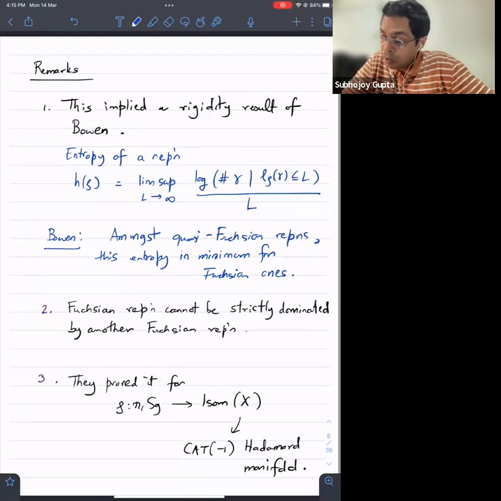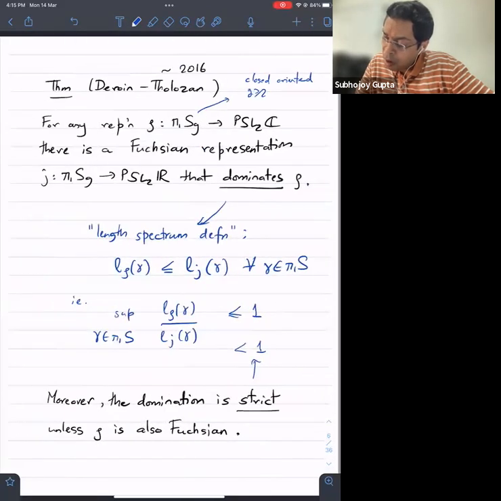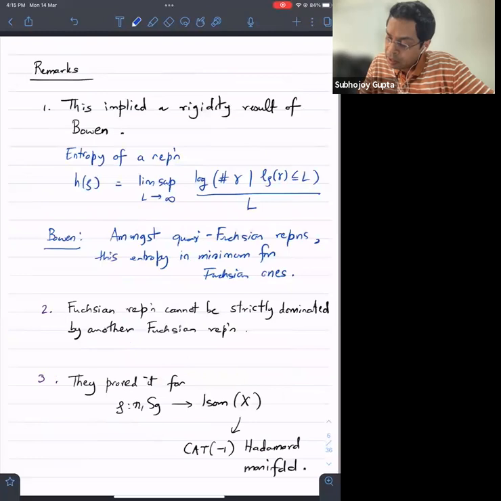It turns out that the entropy is minimum for the Fuchsian ones, and from this definition of entropy, it's automatic once you have a length spectrum domination like I defined here. So Deroin-Tholozan's result actually implied this rigidity result of Bowen.